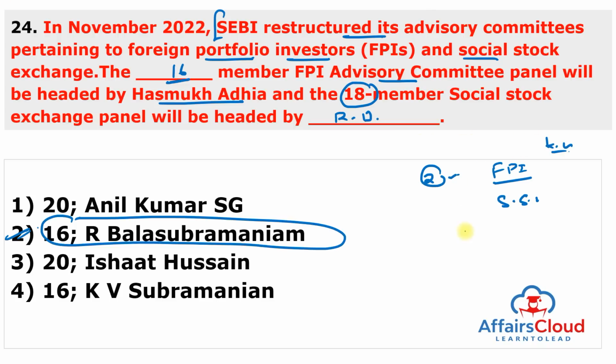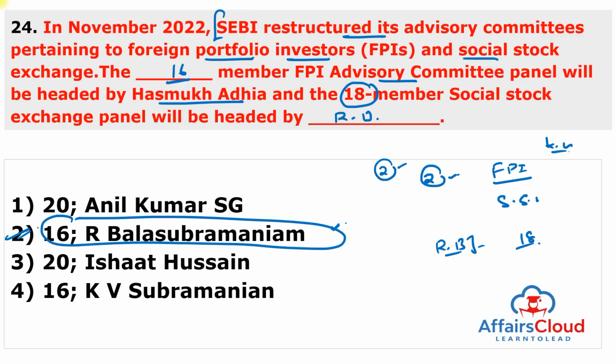Next is the Social Stock Exchange panel. R. Balasubramaniam ji, the chairman of Grassroots Research and Advocacy Movement, will now head the 18-member committee, which was earlier chaired by Ishaat Hussain, director of SBI Foundation and former finance director at Tata Sons. So just remember the 2 committees will be headed by Hasmukh Adhia and R. Balasubramaniam respectively.